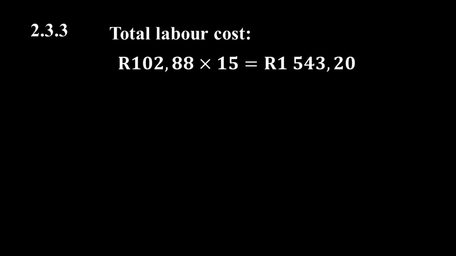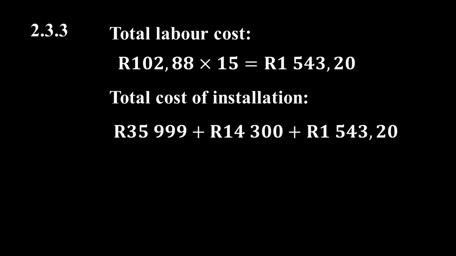And this equals a total cost for labor of 1,543 Rand 20 cents. Now the total cost to install the cash option solar power system is 35,999 Rand plus 14,300 Rand plus 1,543 Rand 20 cents, and this equals 50,299 Rand.